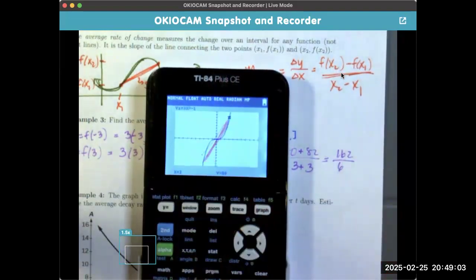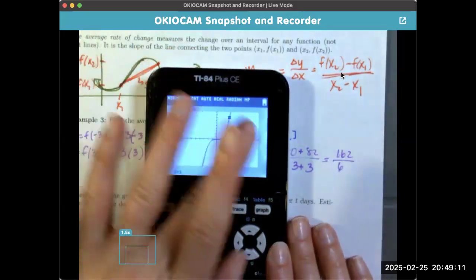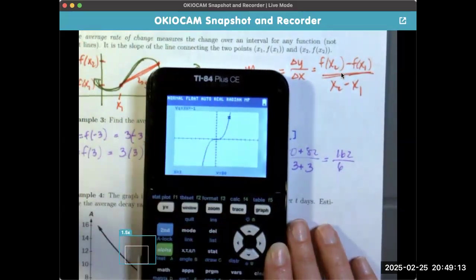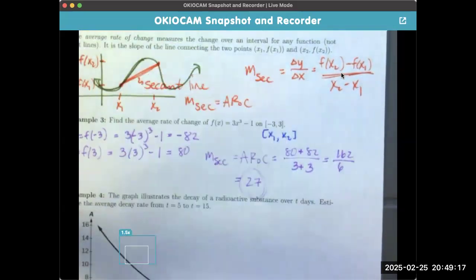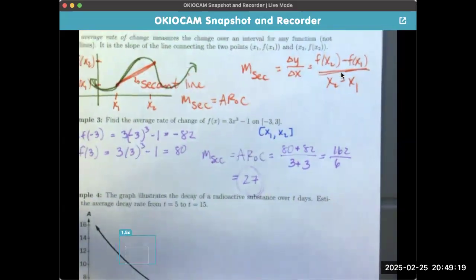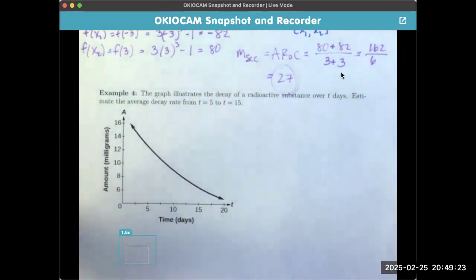The slope of that line would be 27. So that's essentially what we found: the slope of just that line, 27. There we go, all gone. All right, so 4. I want you to stop the video, try 4, and then when you're ready, press play.